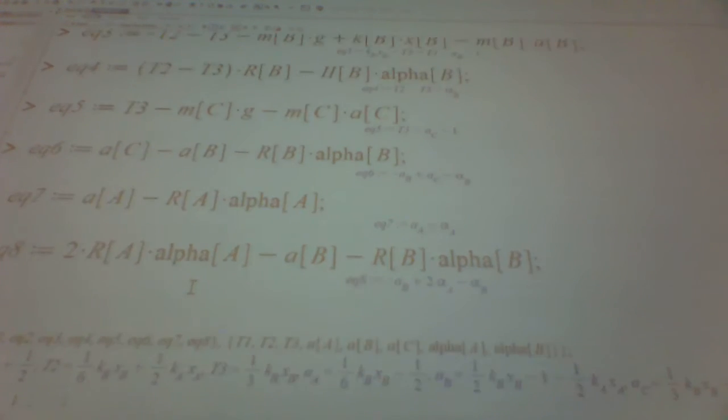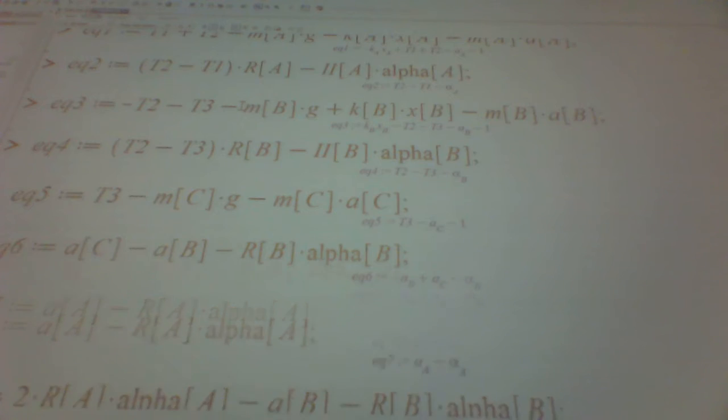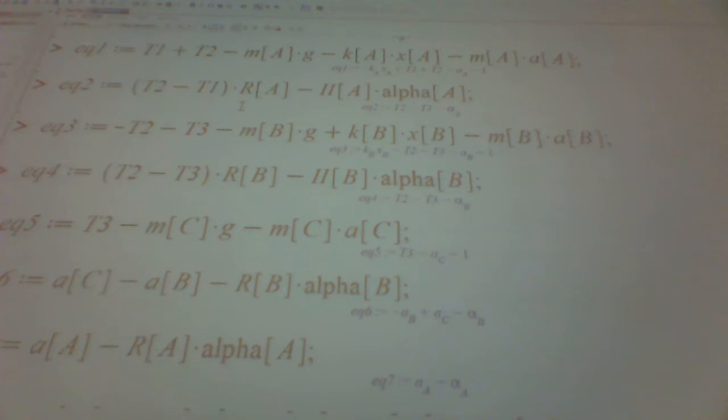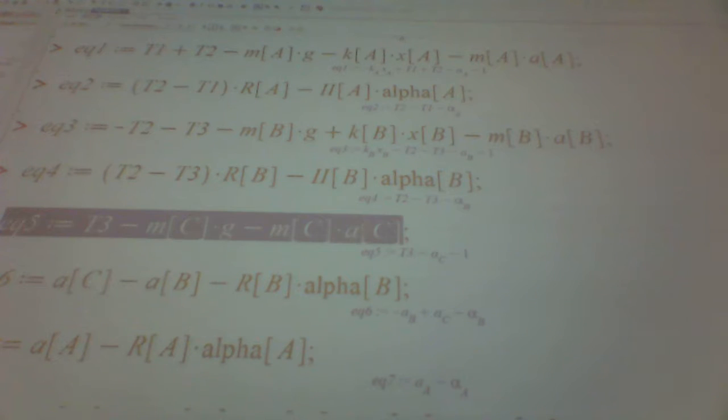Okay, and what was the equation for A sub C? It should be equation 5. Looks like it holds true.